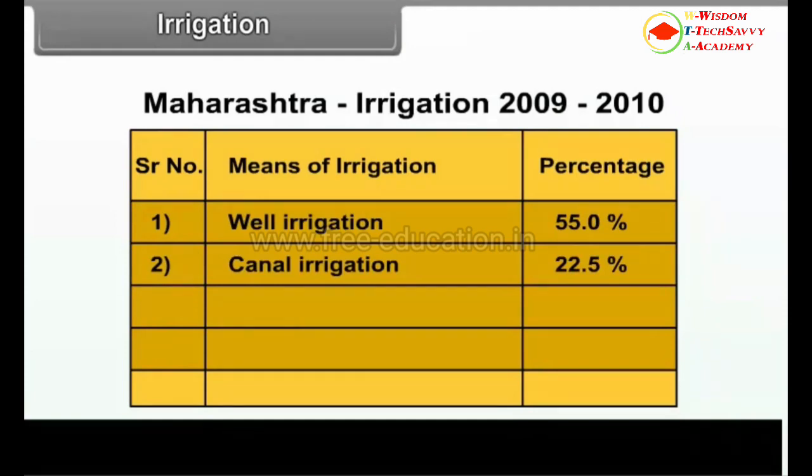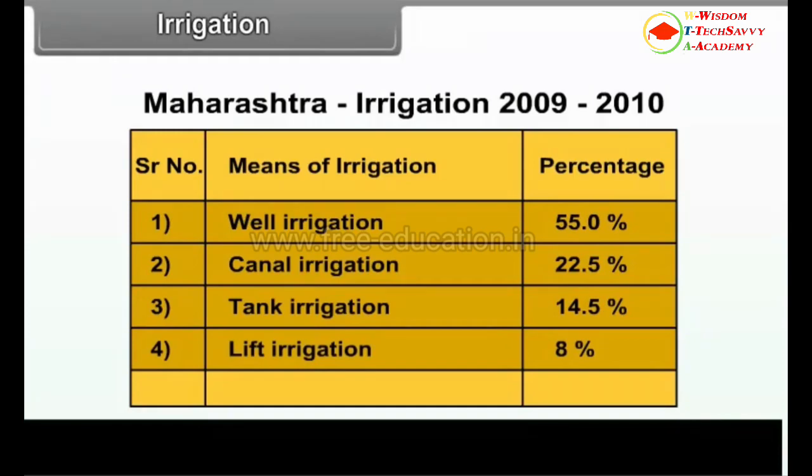Percentage 22.5. Number 3. Means of irrigation, tank irrigation. Percentage 14.5. Number 4. Means of irrigation, lift irrigation. Percentage 8.0. Total 100%.